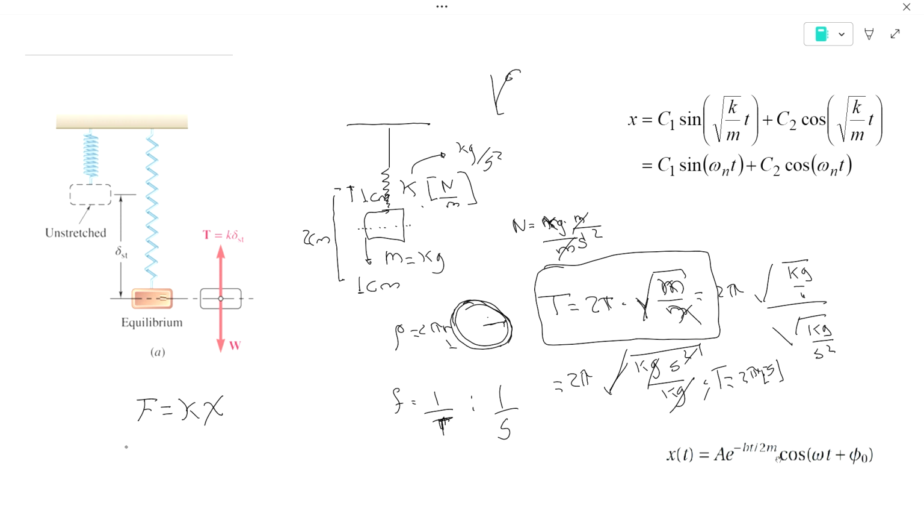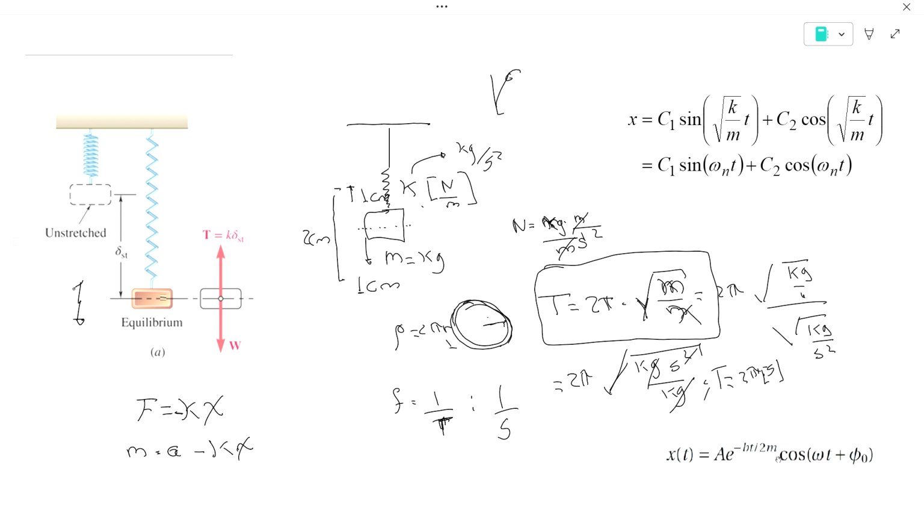All right, so if we say that this is mass times acceleration, it's equal to kx or minus kx. Actually, this is minus kx because it's going up, right? We have to assume a coordinate system. So we're going to say that up is positive.